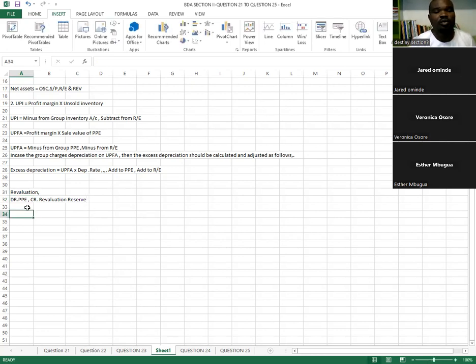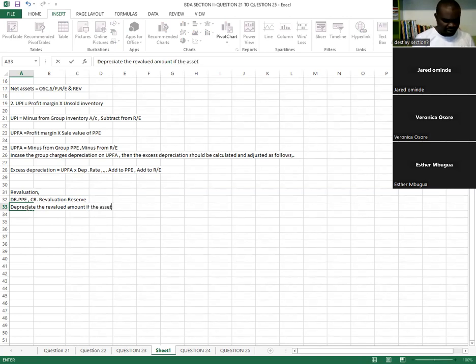Then once you revalue an asset, you need to charge depreciation. So you need to depreciate the revalued amount if the asset is depreciable.